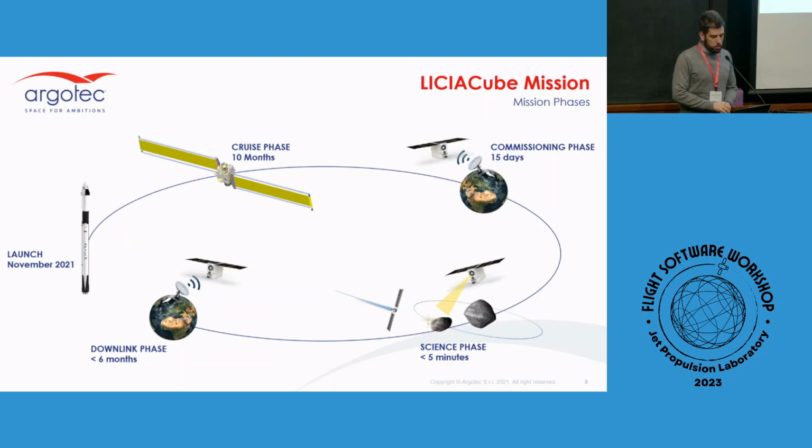We started the commissioning phase, so all the preparation for the science phase, which in the end lasted only 5 minutes because, as we will see shortly, we had a very high speed relative to the asteroid. Then after that, we had more or less 6 months during which we downloaded all the data using the Deep Space Network.